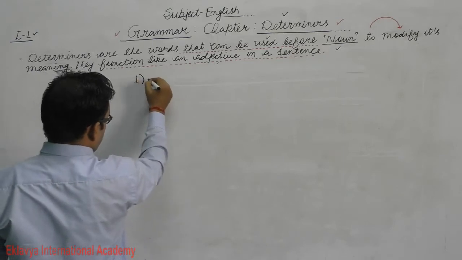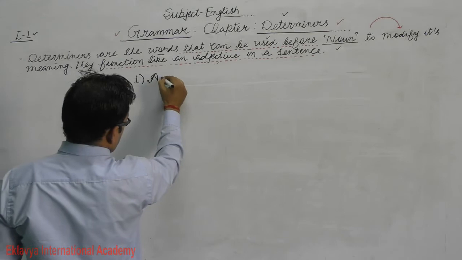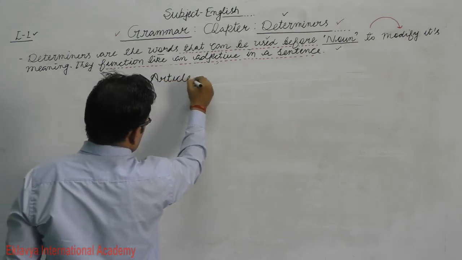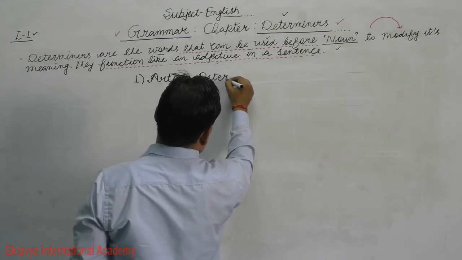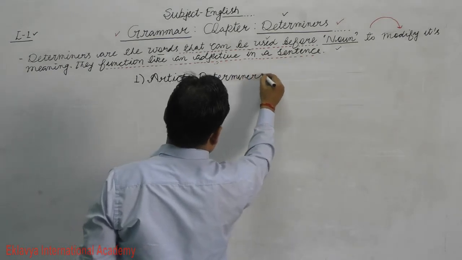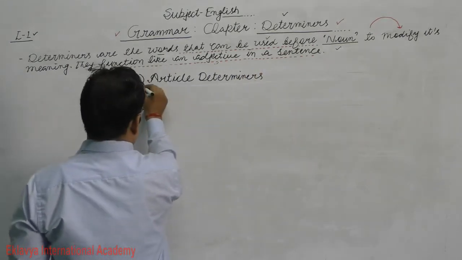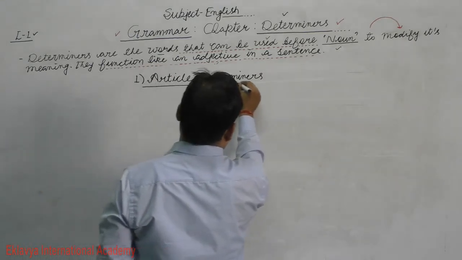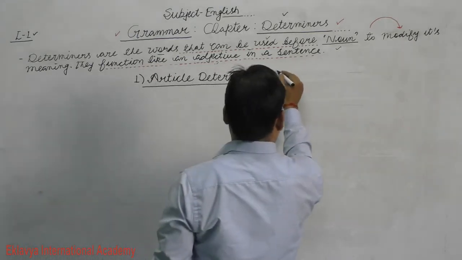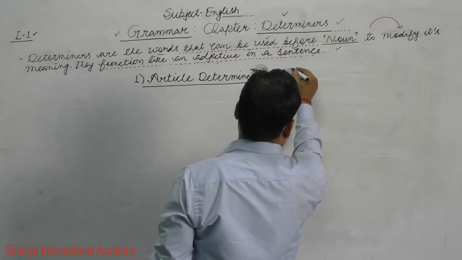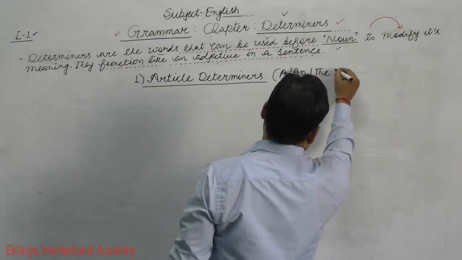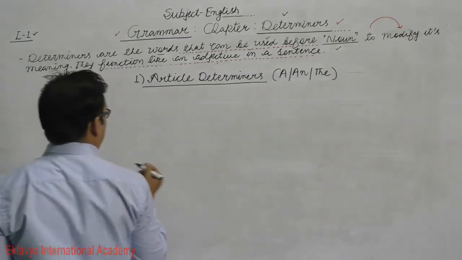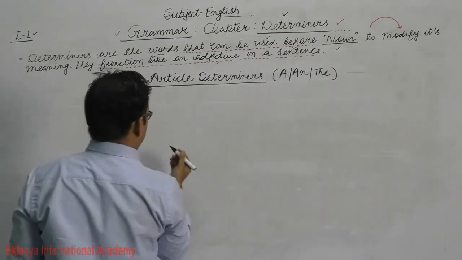The first one, article determiners. And you know that very well, articles are of three kinds: a, an, and the.